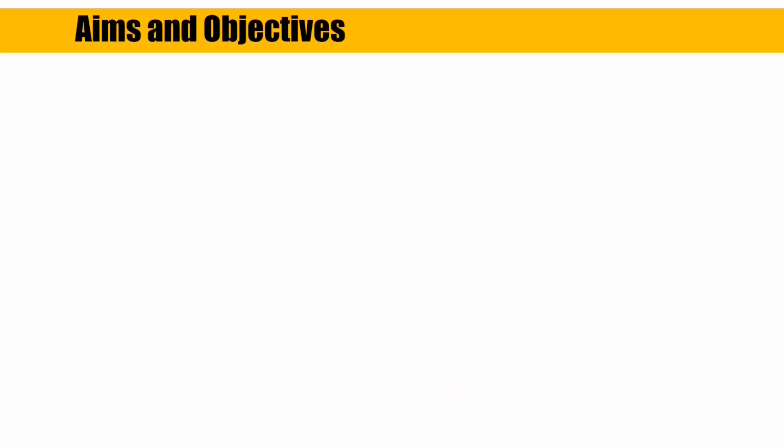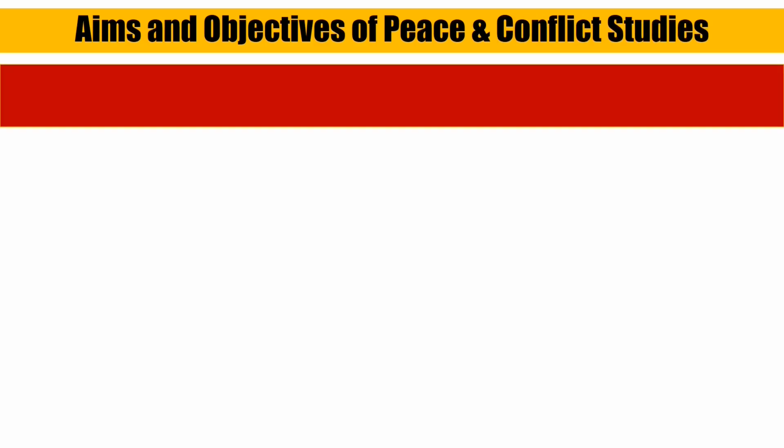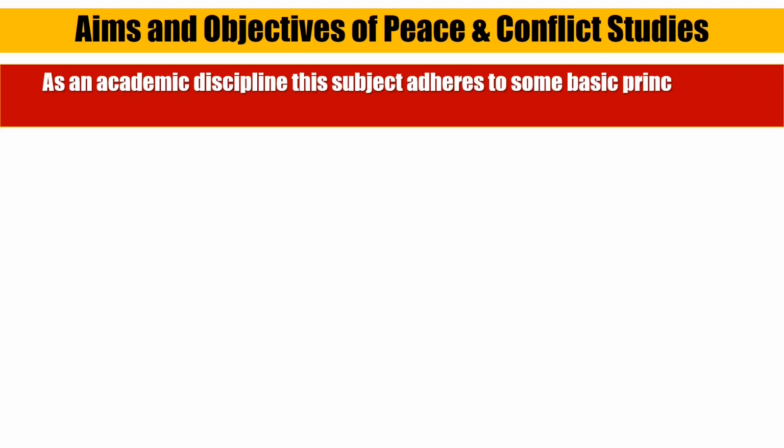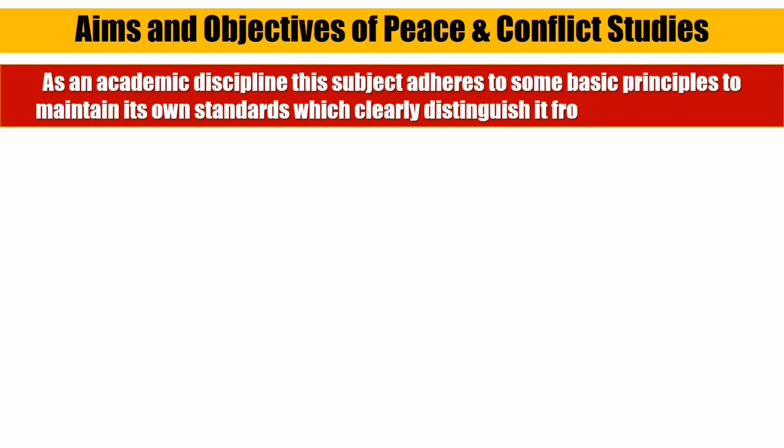Aims and objectives of peace and conflict studies. As an academic discipline, this subject adheres to some basic principles to maintain its own standards which clearly distinguish it from other disciplines.